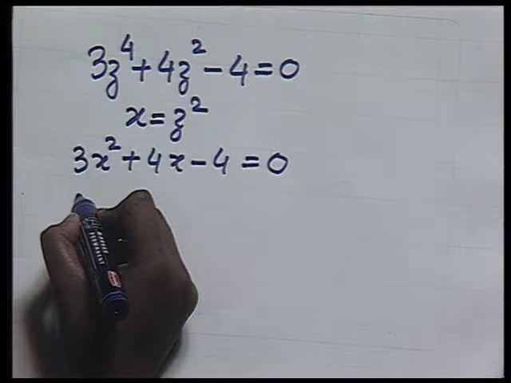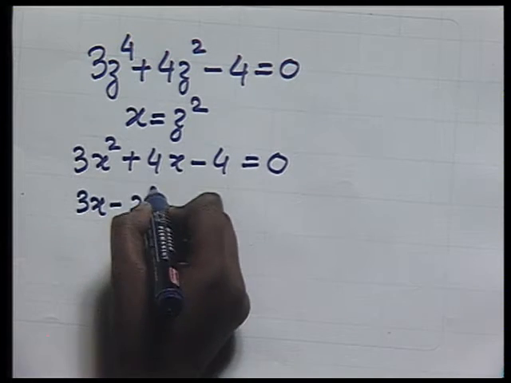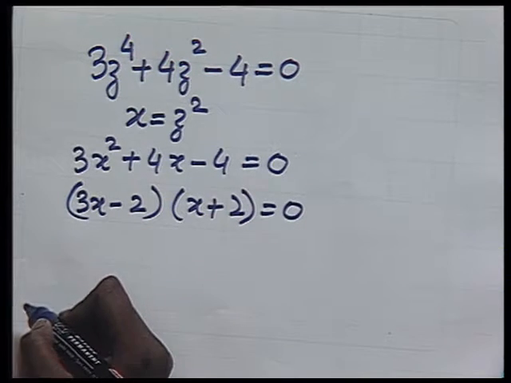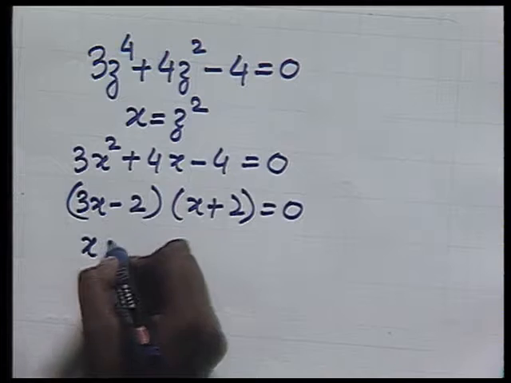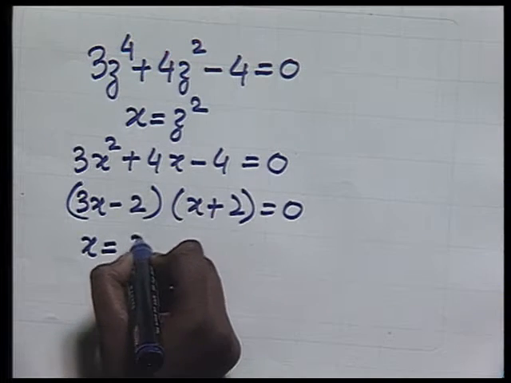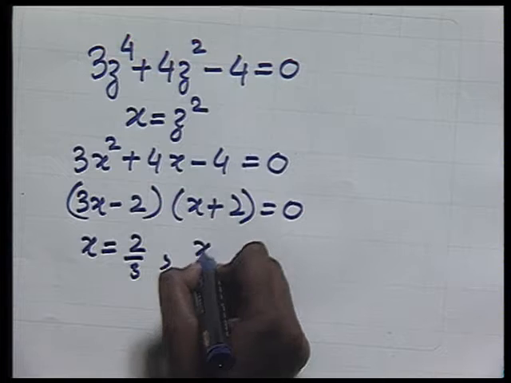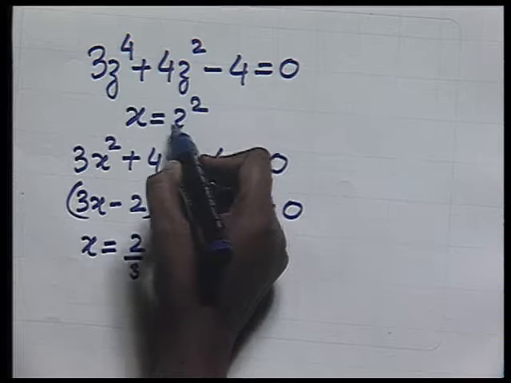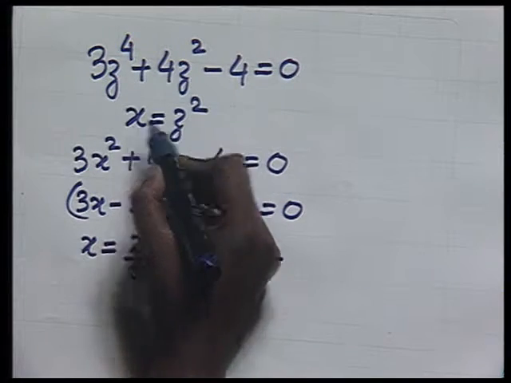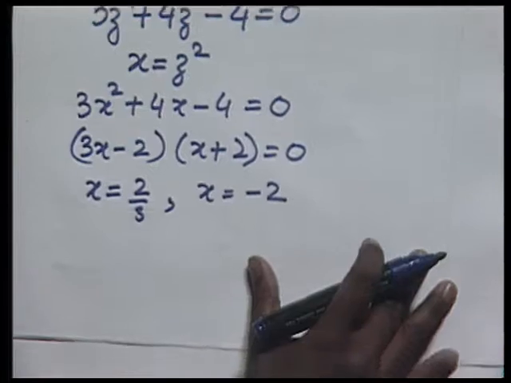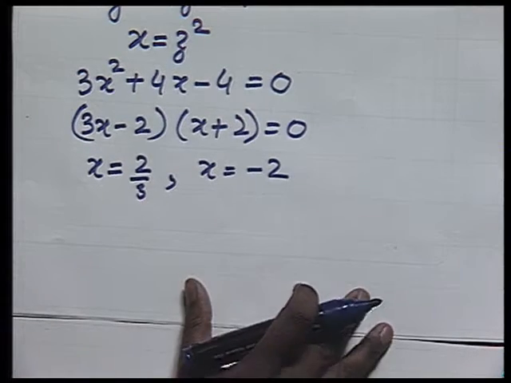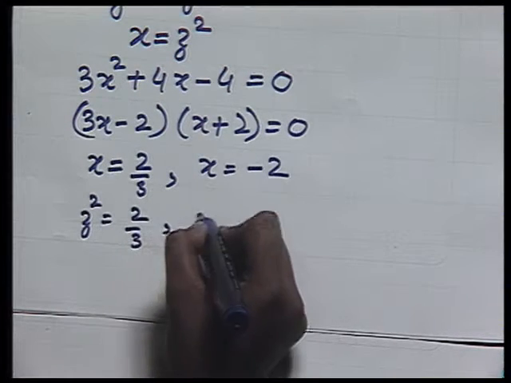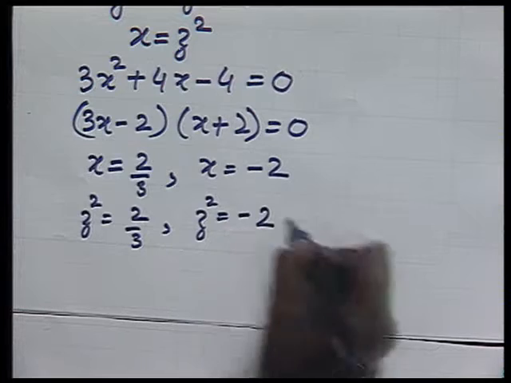Factors of this equation will be 3x minus 2 into x plus 2 equal to 0, and we get the values of x as x is equal to 2 by 3 and x is equal to minus 2. But since we have substituted z square as x, replacing this x by z square here, we get z square is equal to 2 by 3 and z square is equal to minus 2.